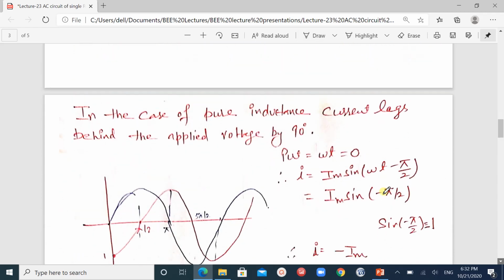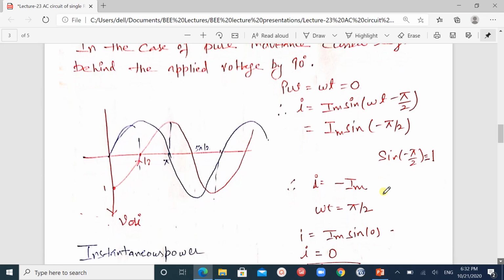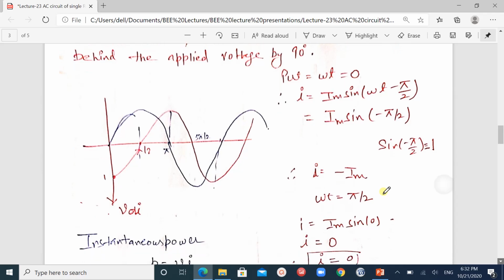Now in the case of pure inductance, current lags behind the applied voltage by 90 degree. Put omega t is equals to 0 in I is equals to Im sine omega t minus pi by 2. It will become Im sine minus pi by 2, and this is equals to minus 1.